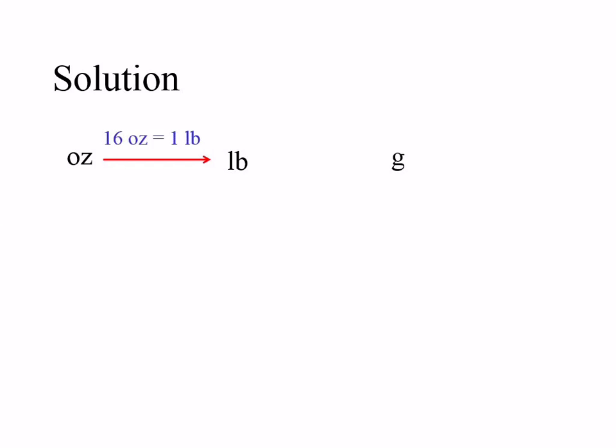So we got 16 ounces is exactly equal to 1 pound by definition. And then a few slides ago, that little box that you don't have to memorize, well, some of you think you should. No, I'm just kidding. Between the metric and English system, we have 1 pound is approximately equal to 453.6 grams.